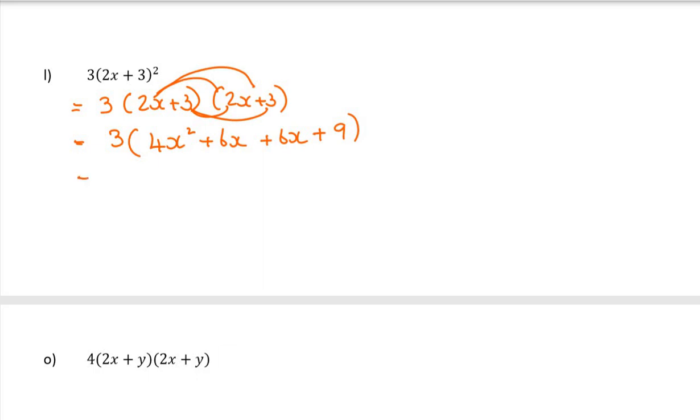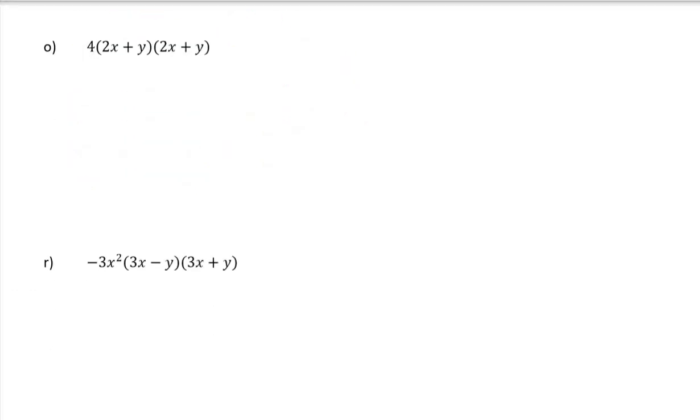Okay, like terms again, my middle terms are like terms, so I get 4x squared plus 12x plus 9, and then I multiply in my 3, so 12x squared plus 36x plus 9. So these are all fairly similar questions. You should be getting more and more confident.